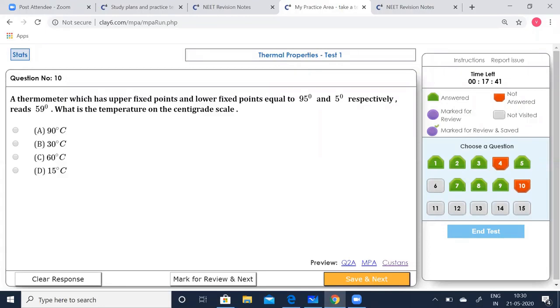A thermometer which has the upper fixed point and lower fixed point equal to 95 degrees and 5 degrees respectively reads 59 degrees. What is the temperature on the centigrade scale?